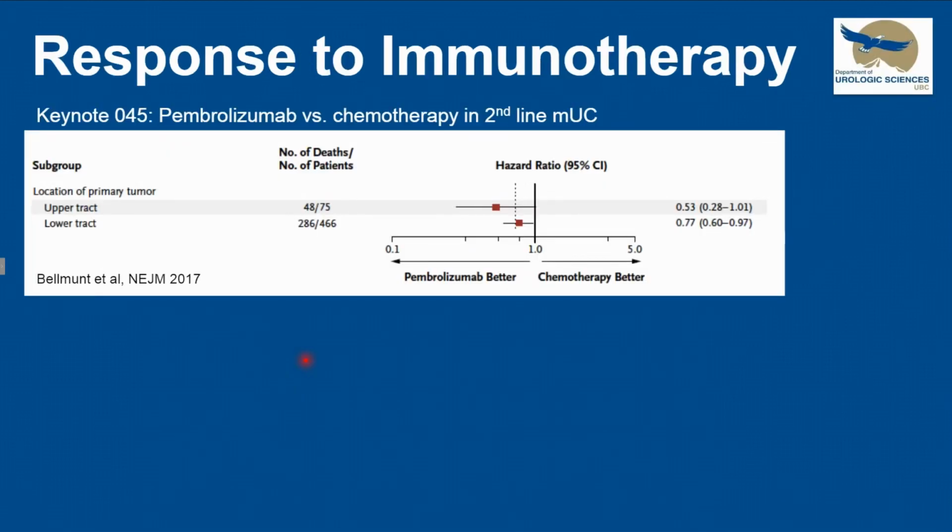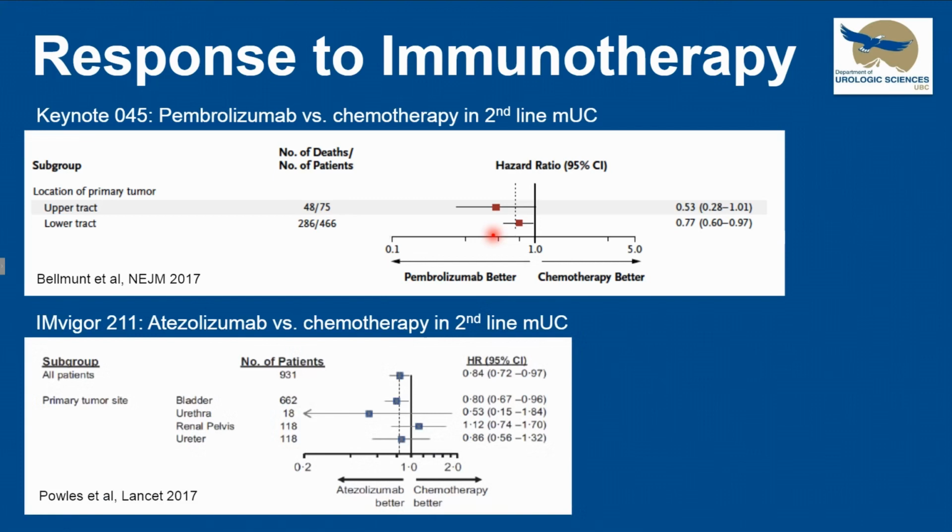Responses to immunotherapy appear to be very similar between upper tract and bladder. This is from Keynote 0457, so the phase 3 Pembro trial, Pembro versus second-line chemo. You can see not much difference. Upper tract, if anything, looks a little bit better, but very wide hazard ratios. And for the Atezo data, also a phase 3 trial, this is all patients, so the intention to treat cohort.